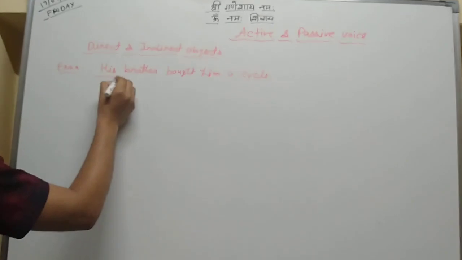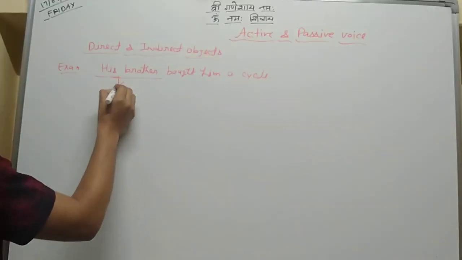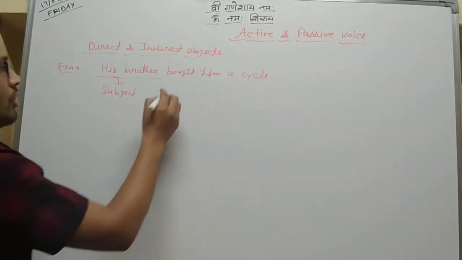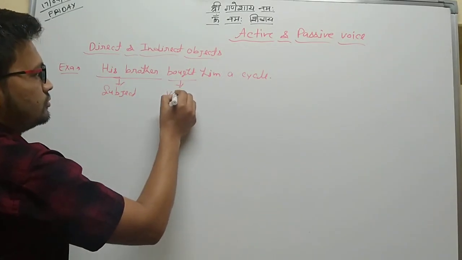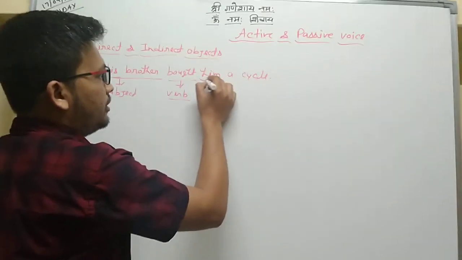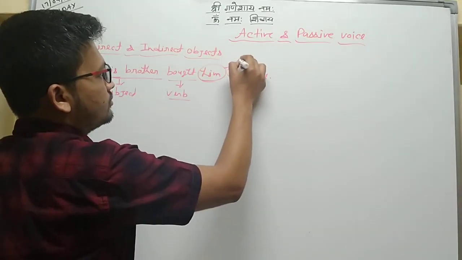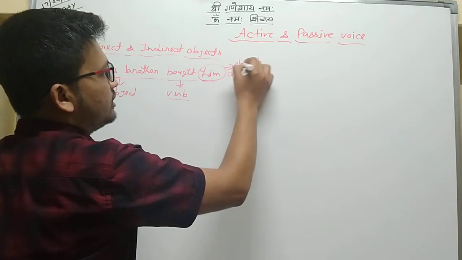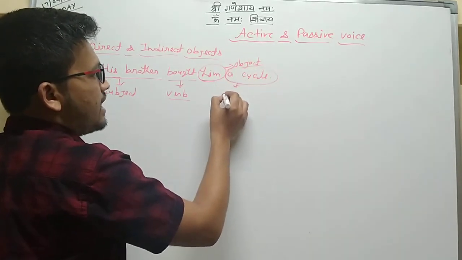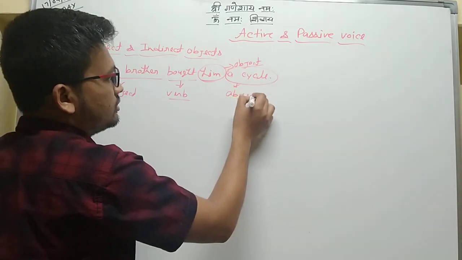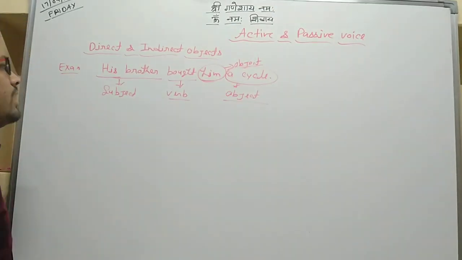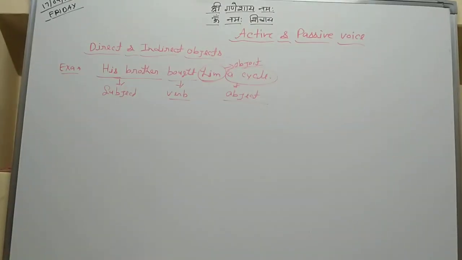Take the sentence: his brother is the subject, bought is the verb, and him is an object, and a cycle is another object.